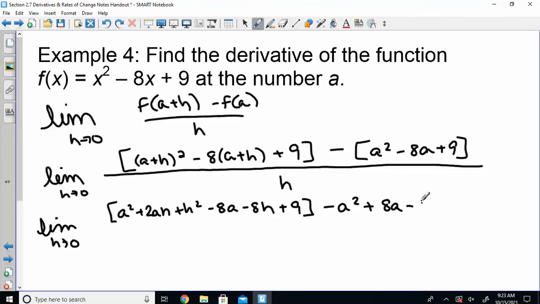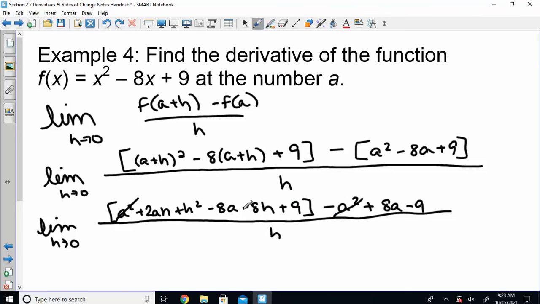For this one, we can distribute the negative, so it becomes a negative a squared, positive 8a, and a minus 9.